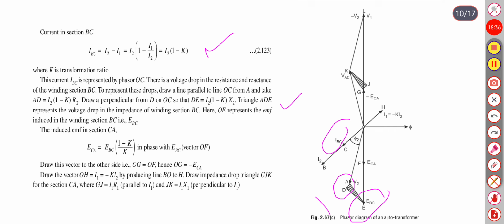The induced EMF in section CA, ECA, equals EBC (1 minus K) upon K, in phase with EBC, by vector OF. Draw this vector to the other side of OG, OF, hence OG is equal to minus ECA.